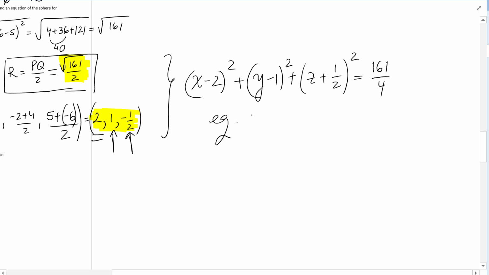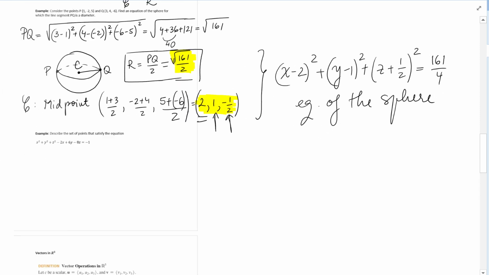So this is the equation of the sphere given the 2 points.